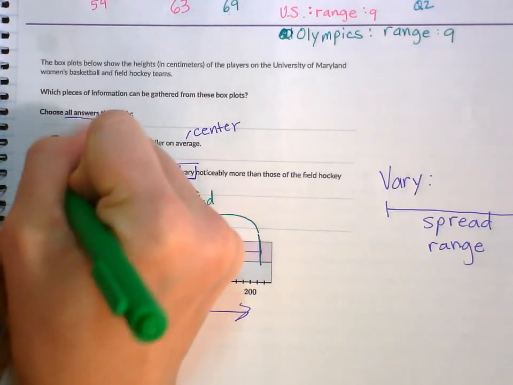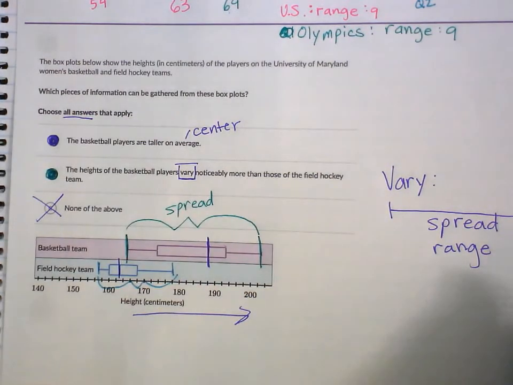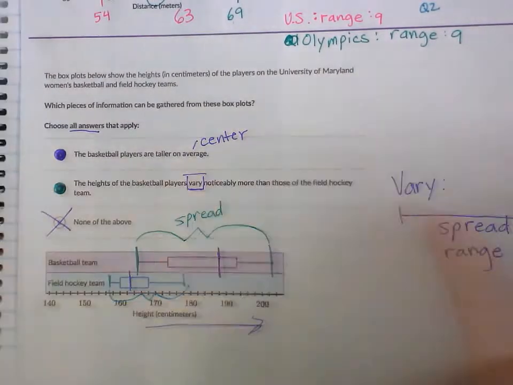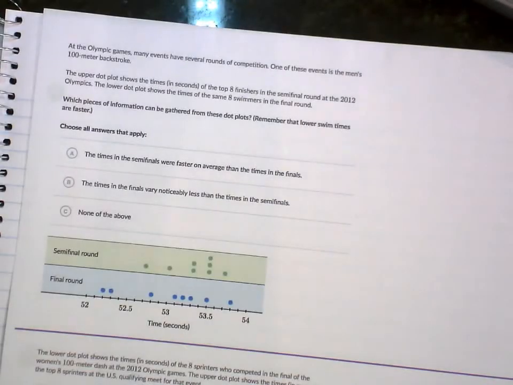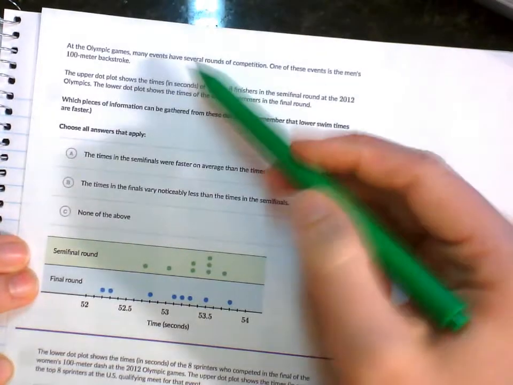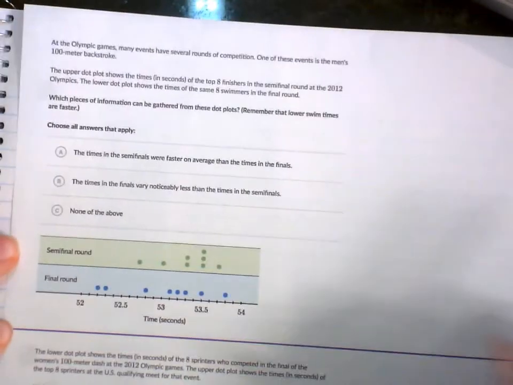So those are box plot examples. Okay, now we're going to go on to dot plots. We're still on the same page. Okay. At the Olympic Games, many events have several rounds of competition. One of these events is the men's 100-meter backstroke, so it's swimming.